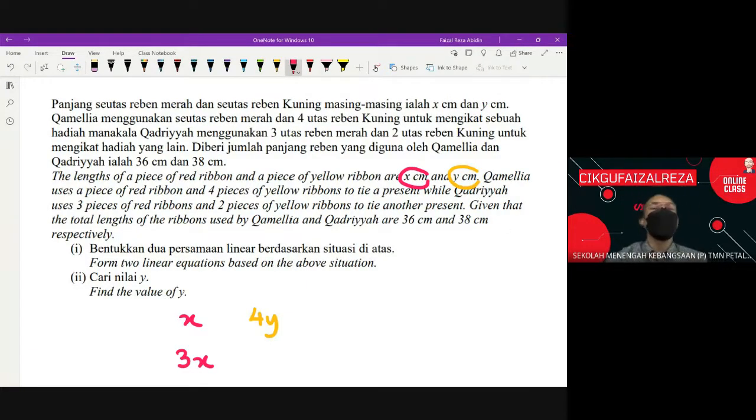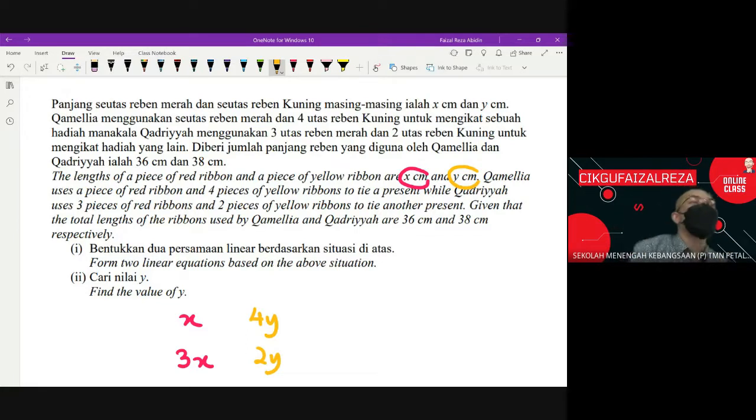And 2 pieces of yellow ribbons, 2y. The one above is going to be Camellia, the second one is going to be Kadria. This is not in the question yet. That's what we get from our question.